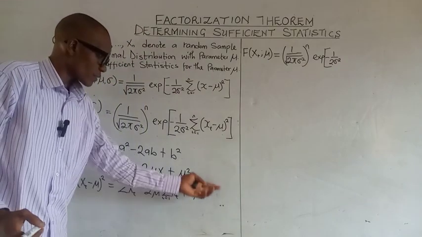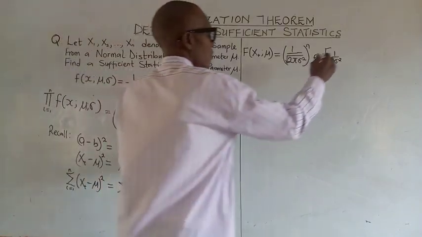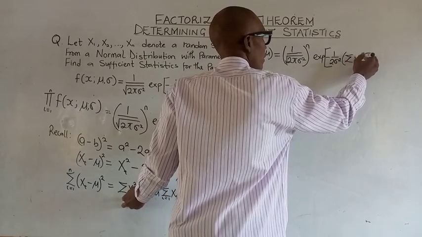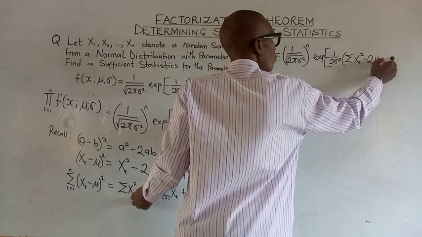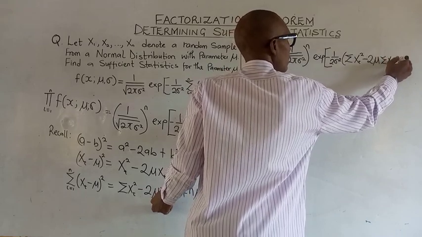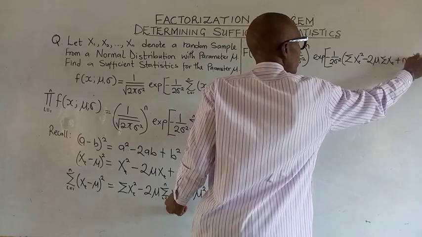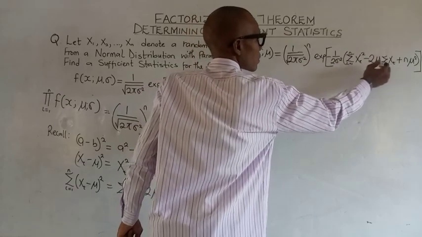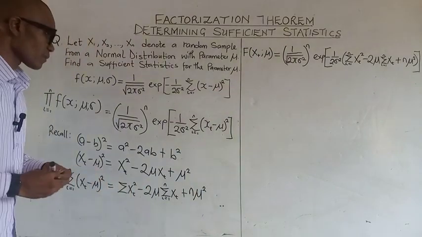We now bring the whole of this and put it here, to give us summation x_i squared minus 2 mu summation x_i plus n mu squared. So this is what we get.